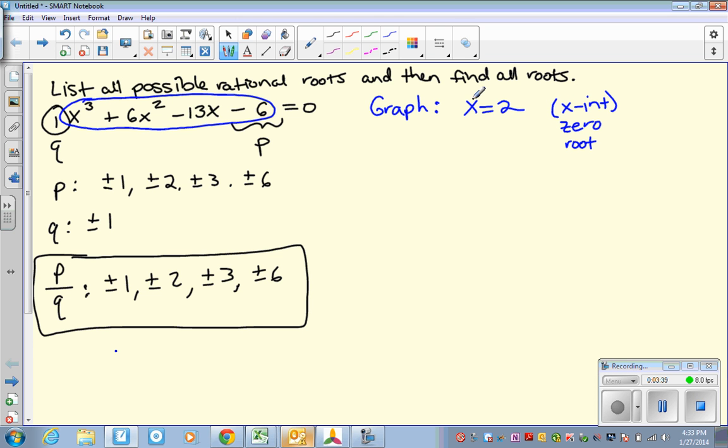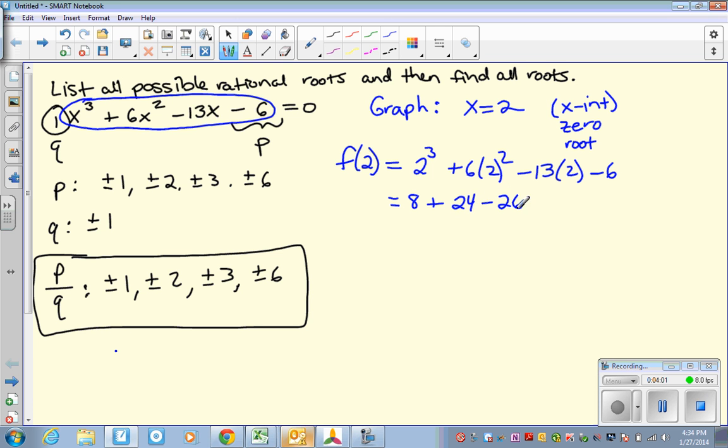Say you didn't do that though. Eventually, you would guess by plugging in 2, you would get 2 cubed plus 6 times 2 squared minus 13 times 2 minus 6. This is 8 plus 24 minus 26 minus 6.